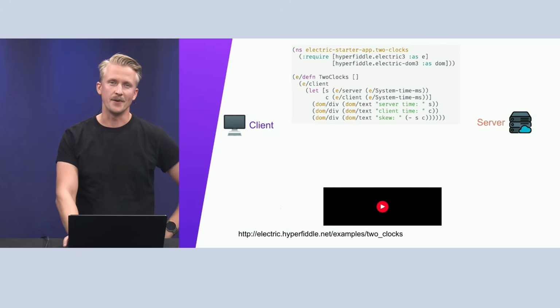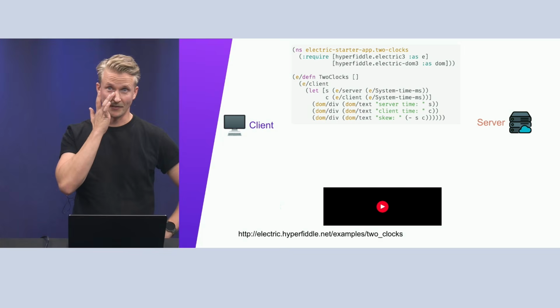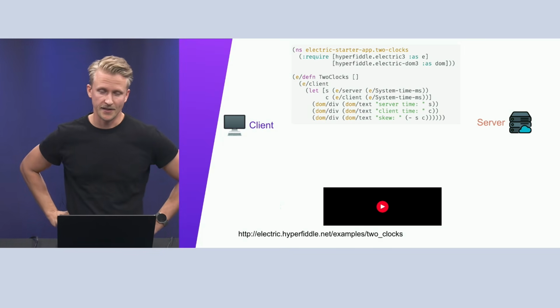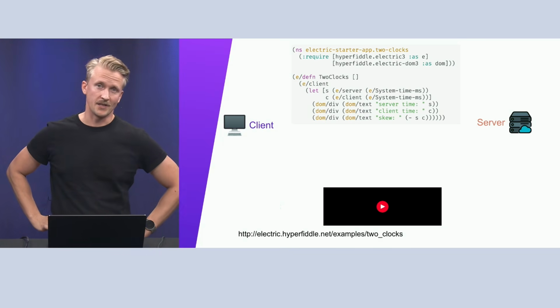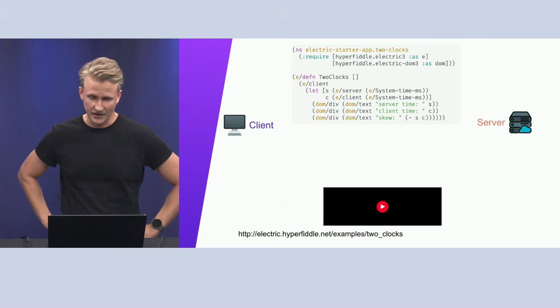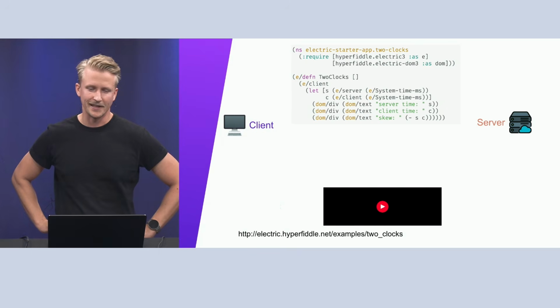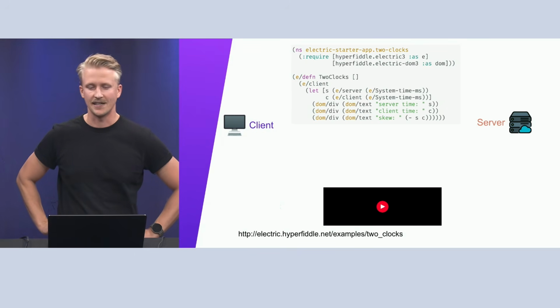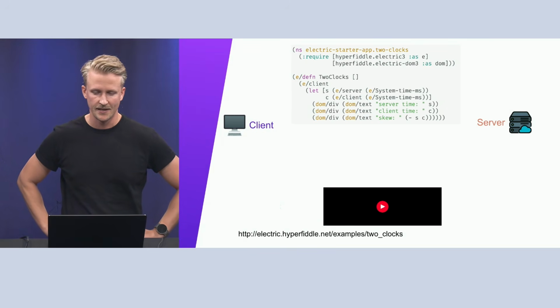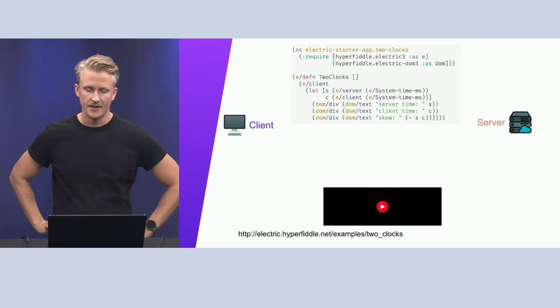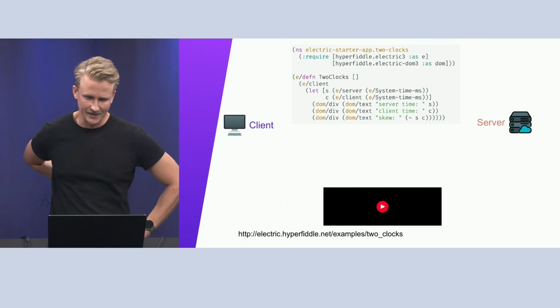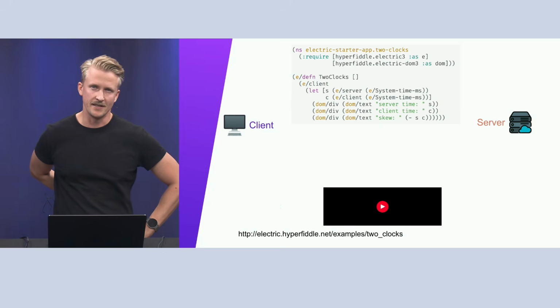So instead of an API here, in the middle of the client and the server, we have some Electric Clojure code. It looks very much like Clojure, but with these e/defn, e/client, e/server, e/client. What this does is it analyzes the code.